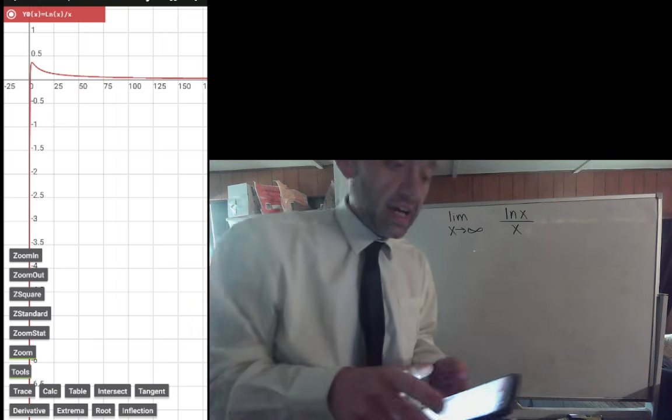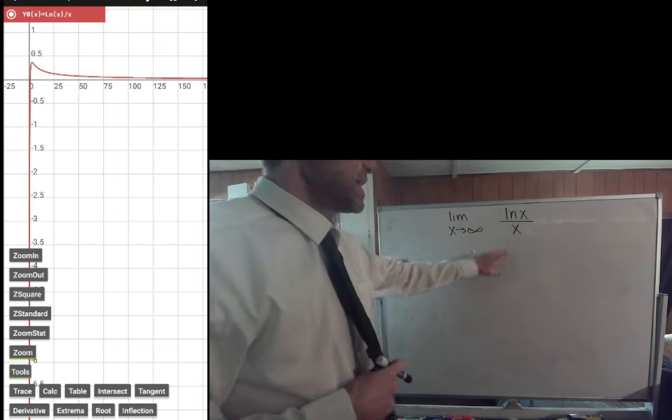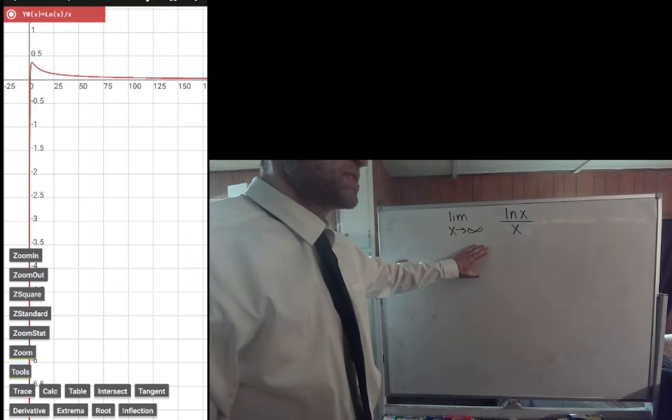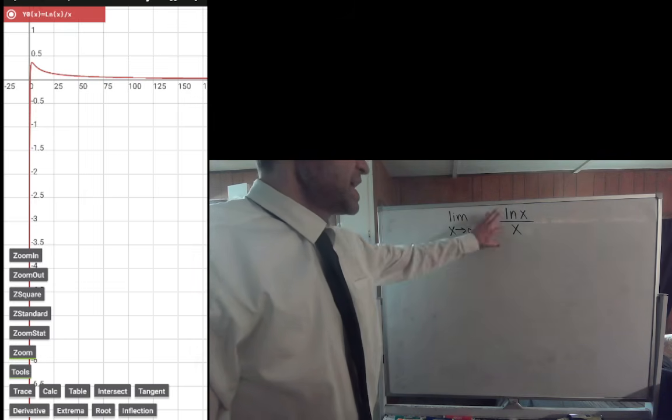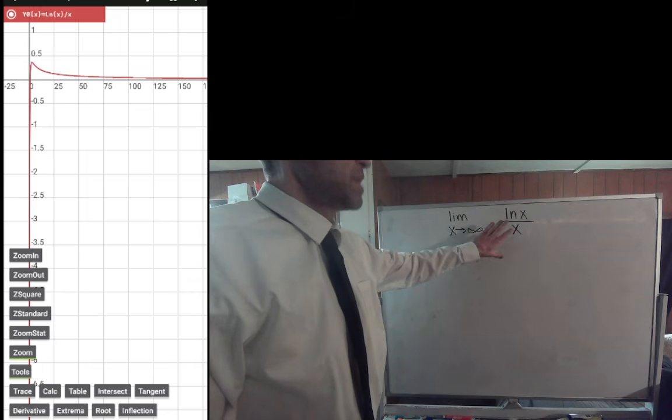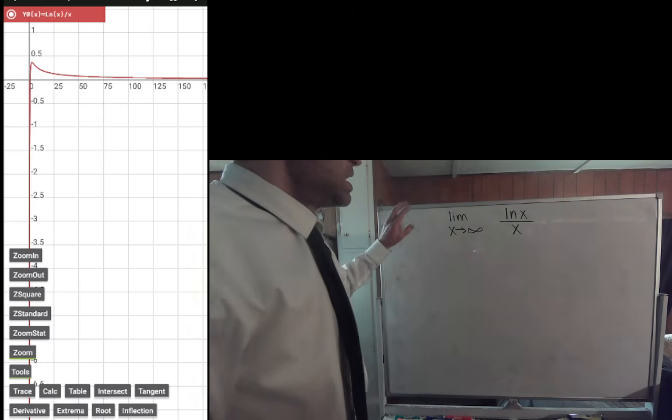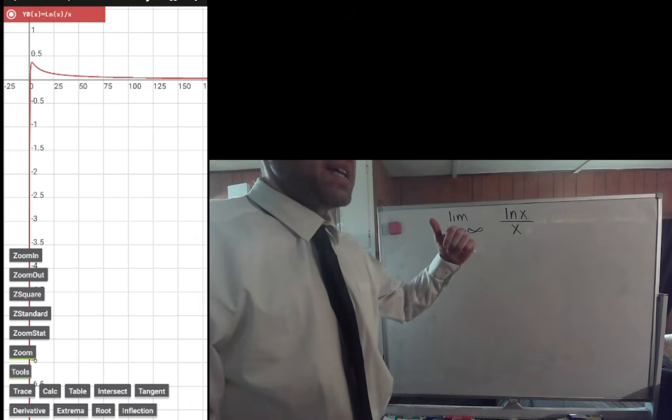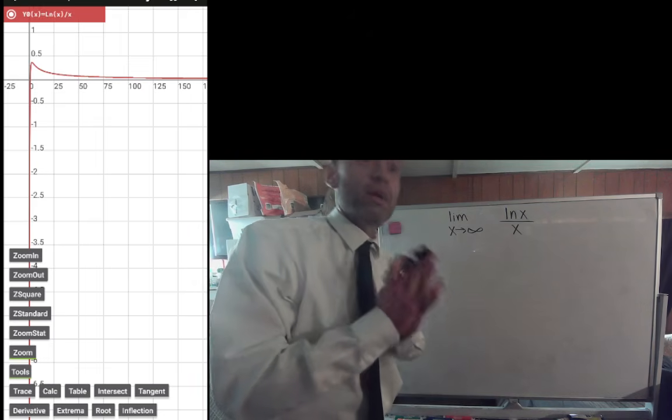There, I think I gave you a pretty good graph of the natural log of x divided by x. The limit as x approaches infinity of the natural log of x divided by x. So if you look at your graph, graphically we can see, again, you're approaching a y value of 0. But why is that? What's the algebra behind it?